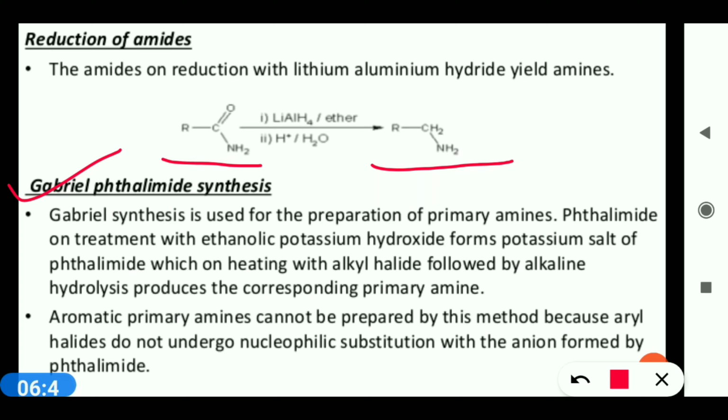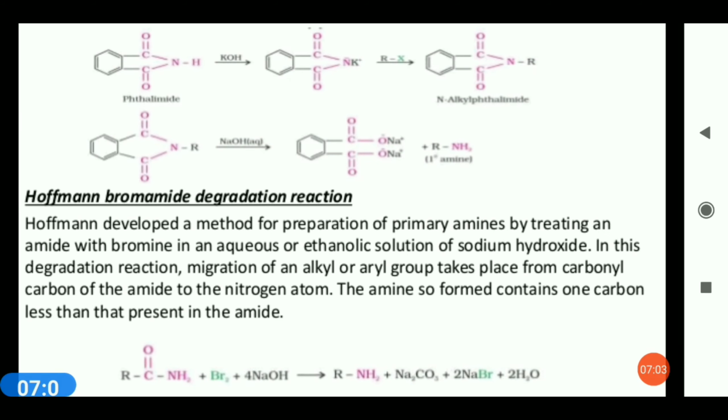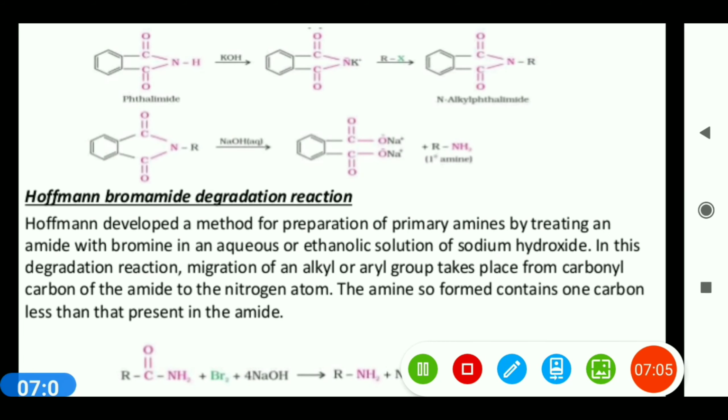Aromatic primary amines cannot be prepared by this method because aryl halides do not undergo nucleophilic substitution with the anion formed by the phthalimide. So here you can see the reaction.